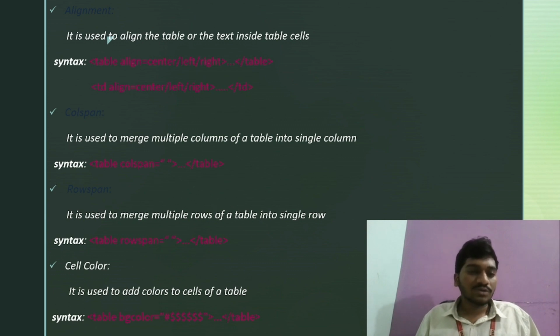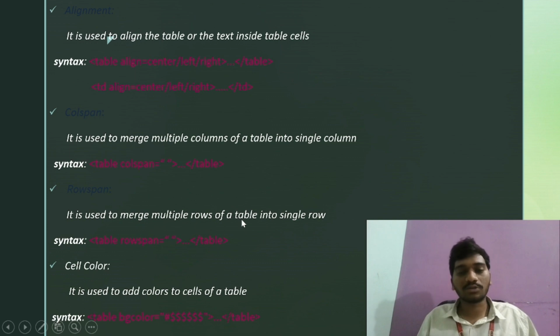And the next one is rowspan. The rowspan is used to merge multiple rows of a table into a single row. It is similar to colspan, but colspan is only used to merge a number of columns into a single column. When it comes to rowspan, it is useful to merge multiple rows of a table into a single row.